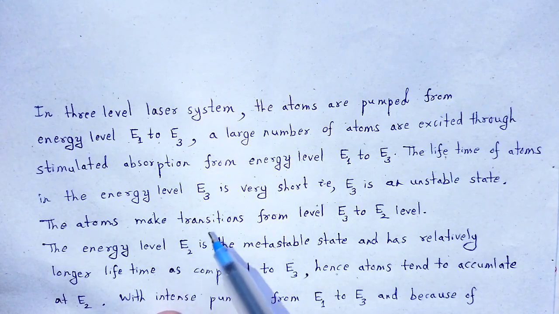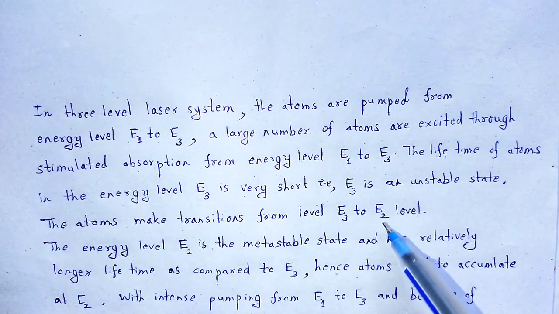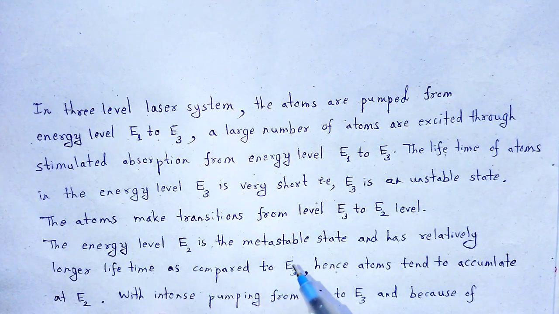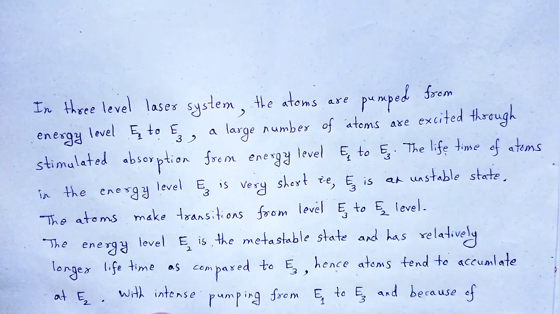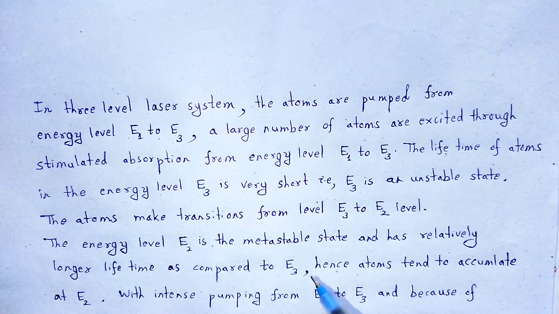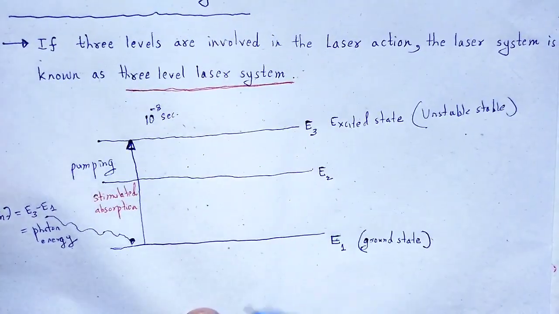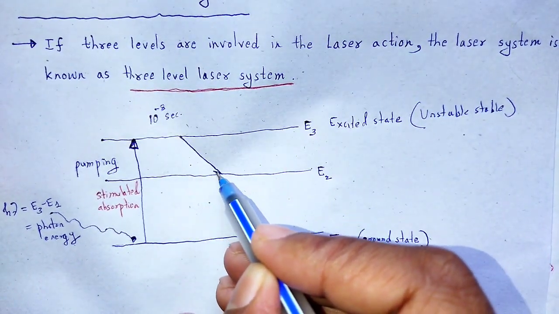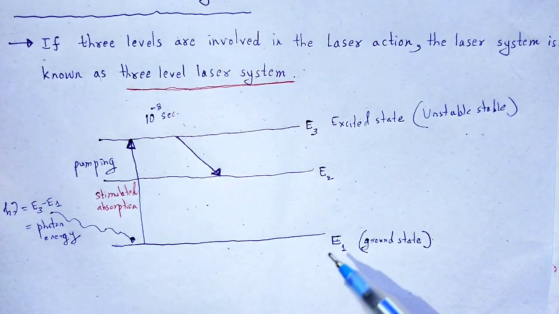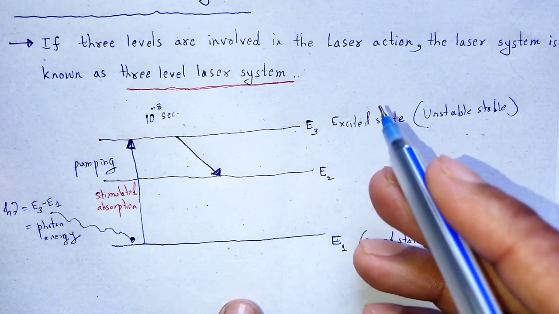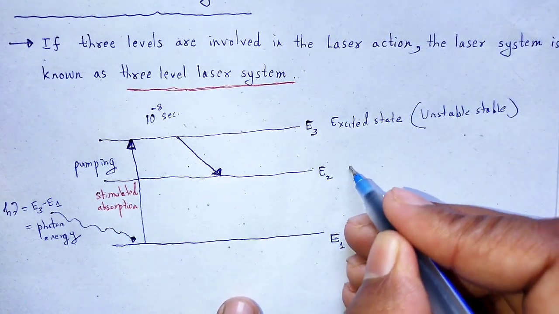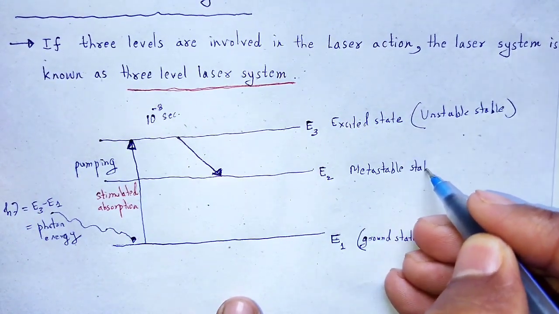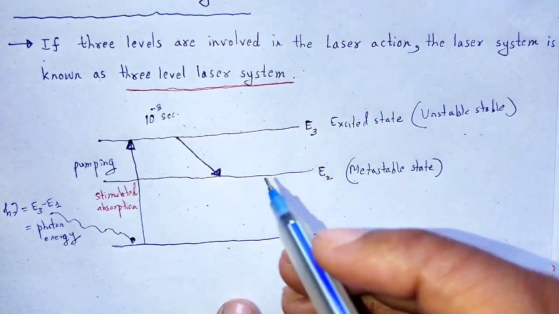The atoms make transitions from level E3 to level E2, and the energy level E2 is the metastable state and has relatively longer lifetime in comparison to E3.